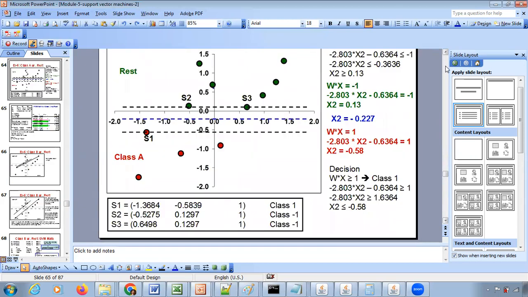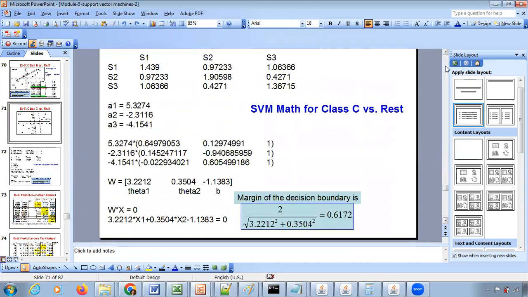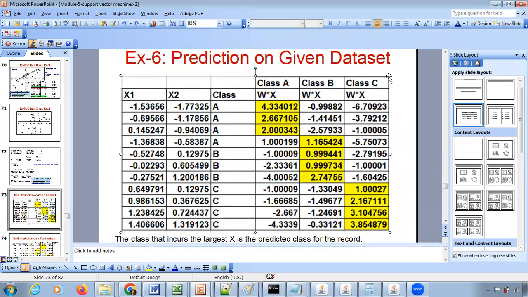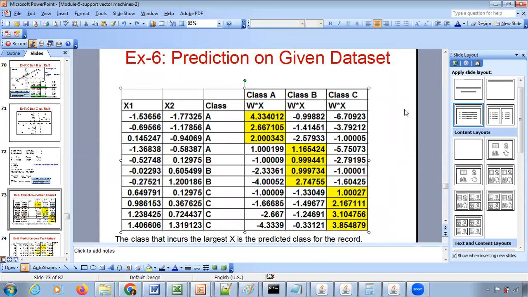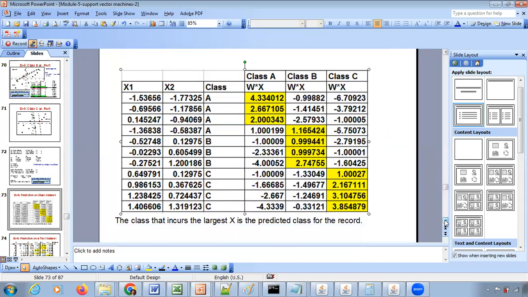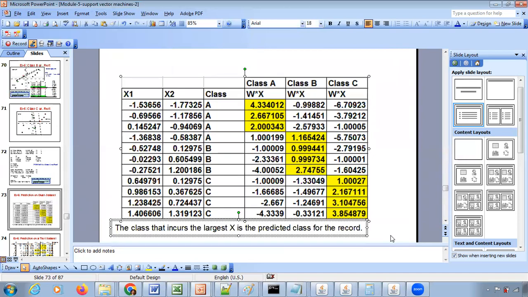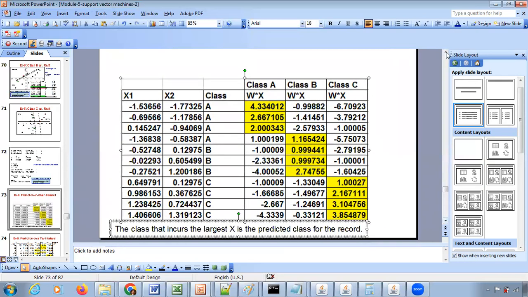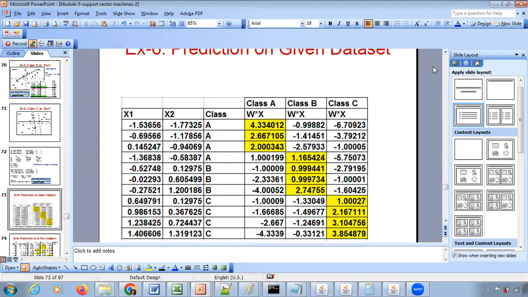Let me reduce this a little bit and create space. Again, this approach is similar to what we did for logistic regression as well. There we had data X for each class. So this is the WX for class A. This is rest.